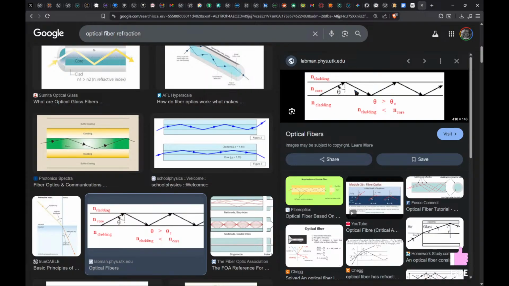This is the core part of the optical fiber and this is the cladding, but the core's refractive index is much higher than the cladding, so the light won't pass through, it just reflects. The optical rays just reflect and stay inside the core. The refractive index of the cladding is lesser than the refractive index of the core.